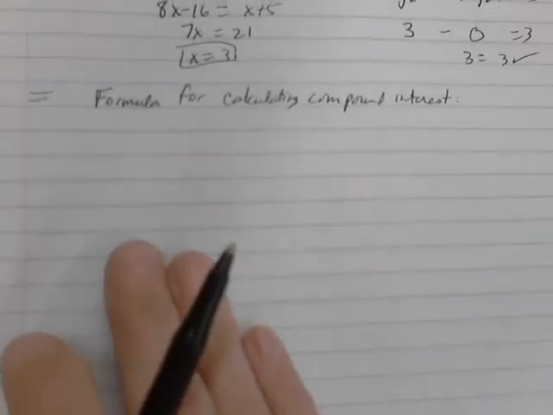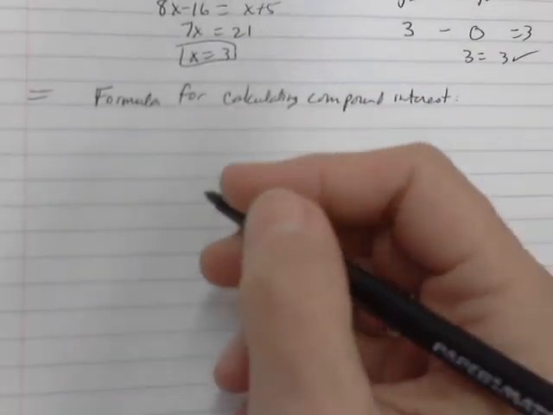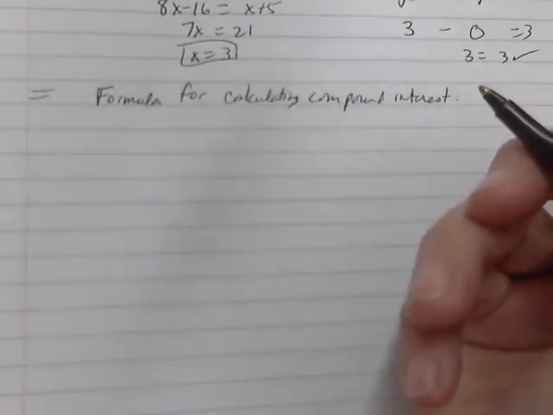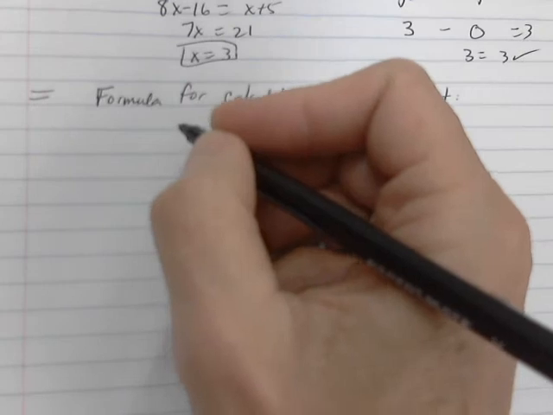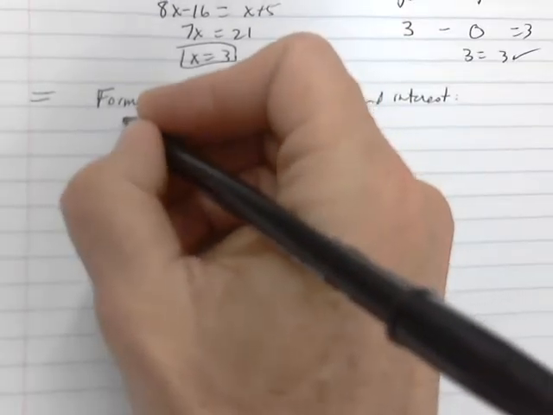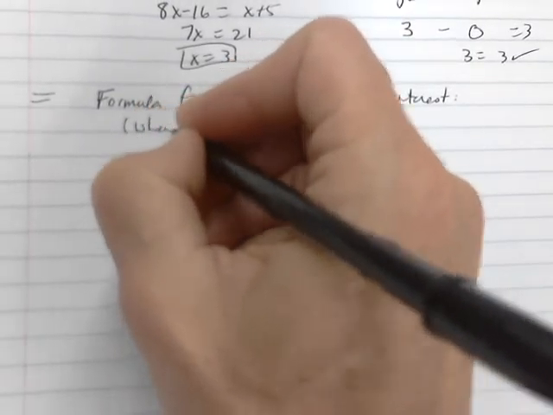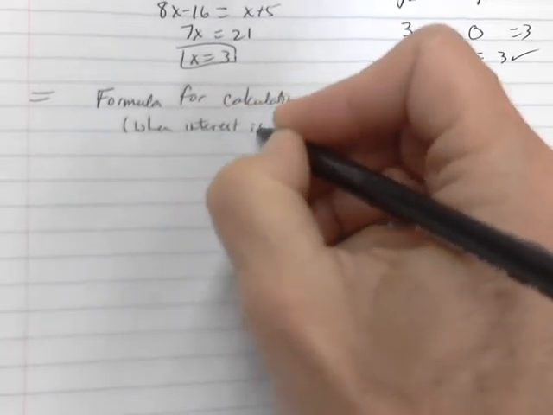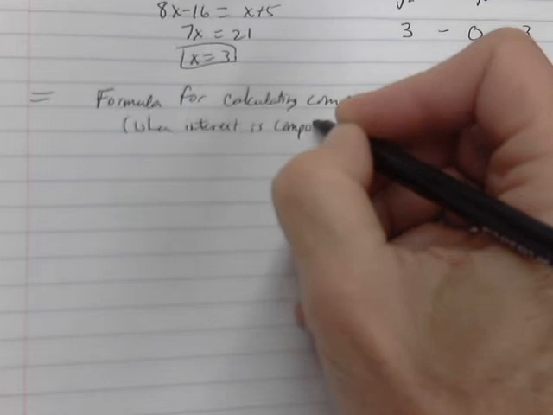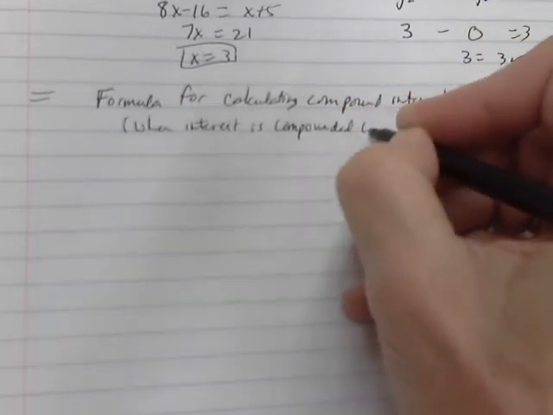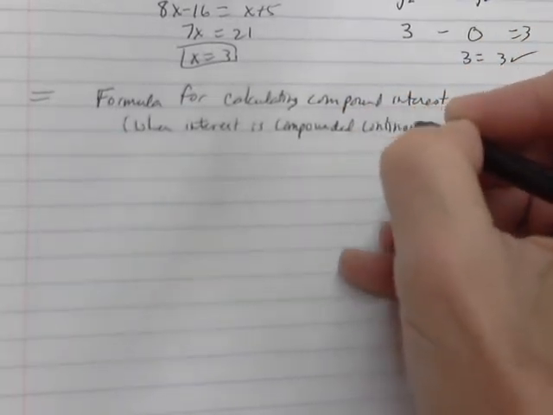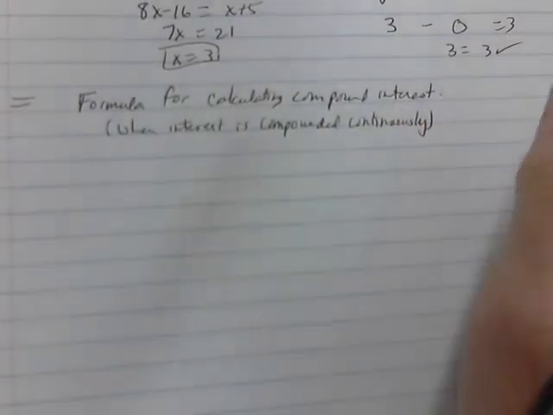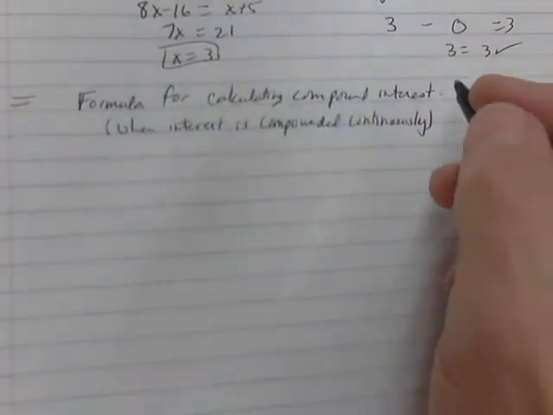This is the second part of our video for October 25th, and we're going to talk about the formula for calculating compound interest. This is when interest is compounded continuously, which means every nanosecond of every day of the year.